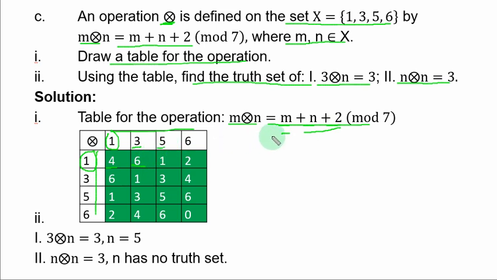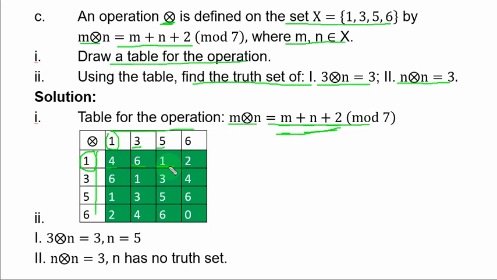That is 1 times 5 is 6. 6 plus 2 is 8. 8 is not an element in modulo 7, so you cannot record 8 here. What you do is that you divide 8 by 7 and you have 1 remainder 1.